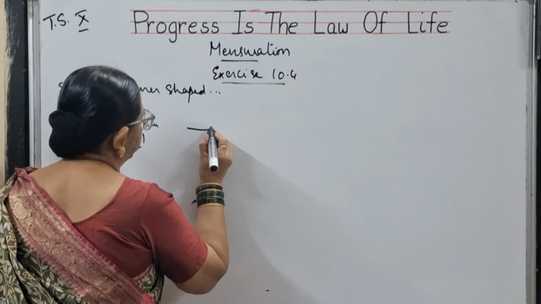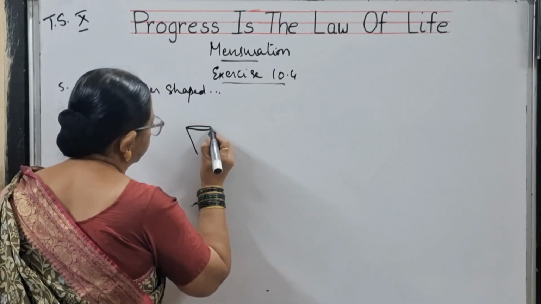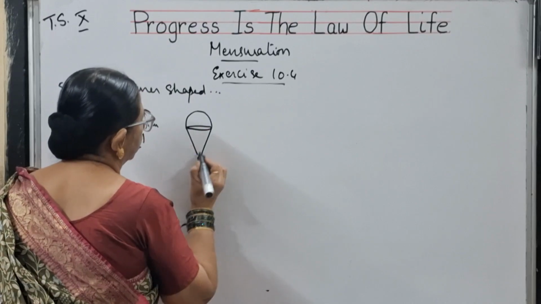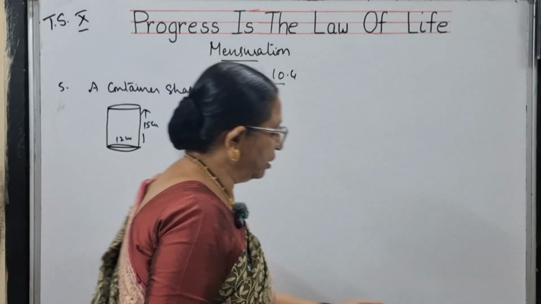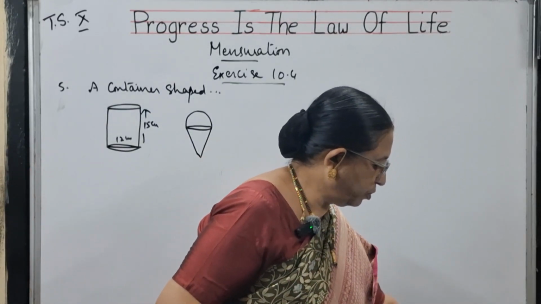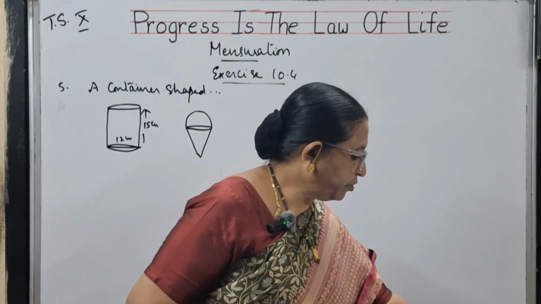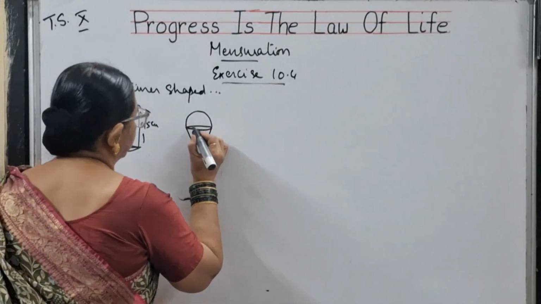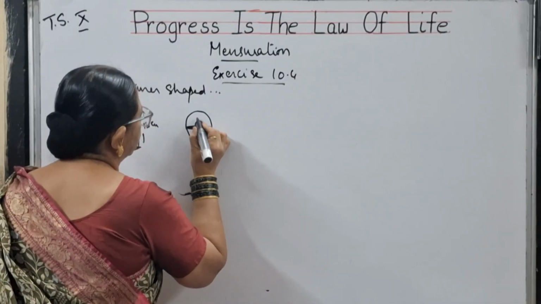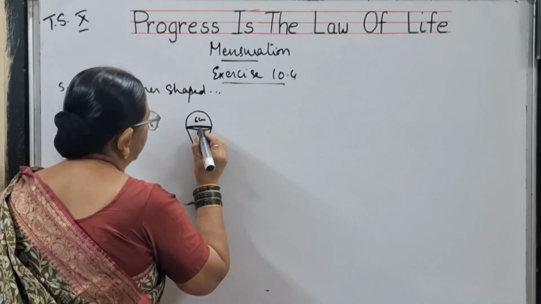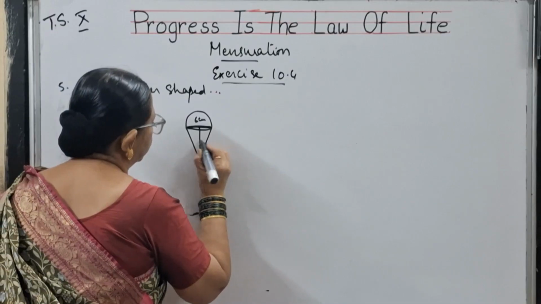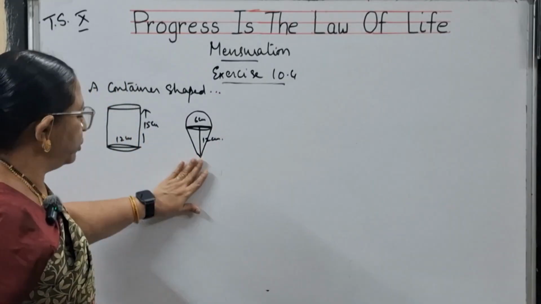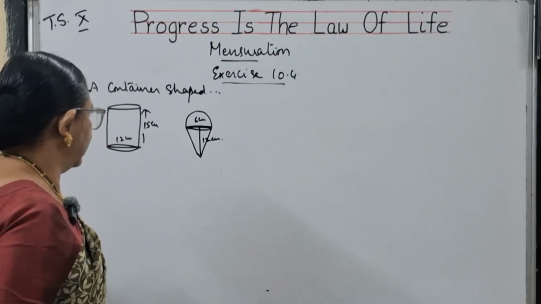This ice cream should be filled in a cone. This is the ice cream cone. So what are the measures of this ice cream cone? They have given 12 centimeters height and a diameter 6 centimeters. So how many cones are possible with it, they are asking.